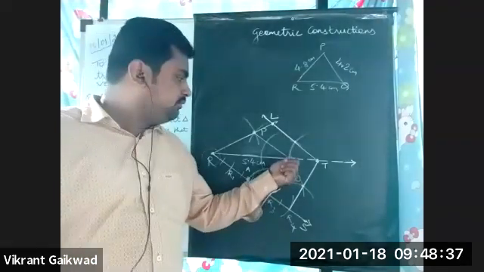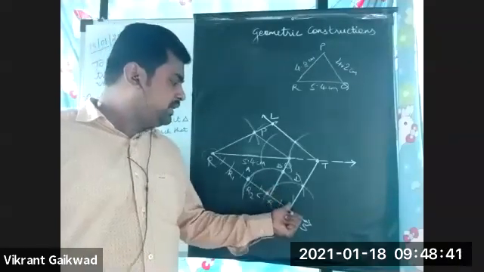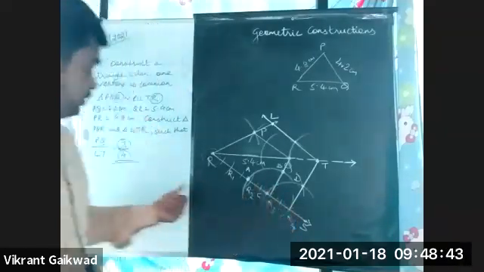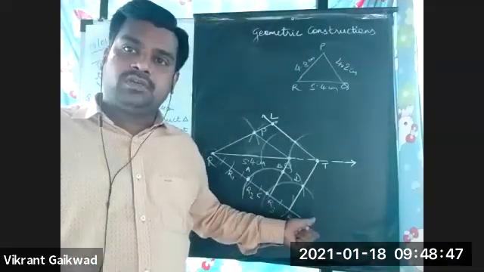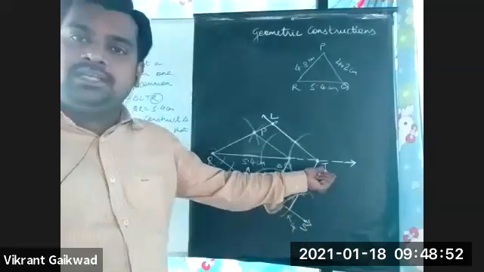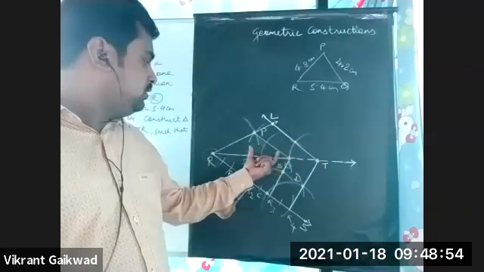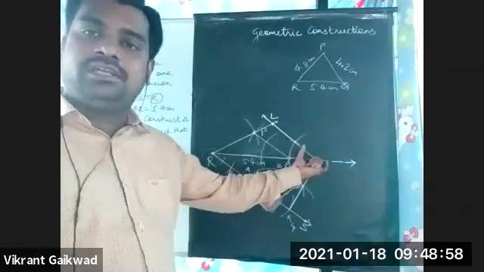You join R3 with Q. This copy of the angle you'll make with R4, the fourth arc, because LT is corresponding to 4. Once you do that, you will get point T. Again, you'll draw a copy of angle PQR at point T. You'll get point L. Very easy construction.